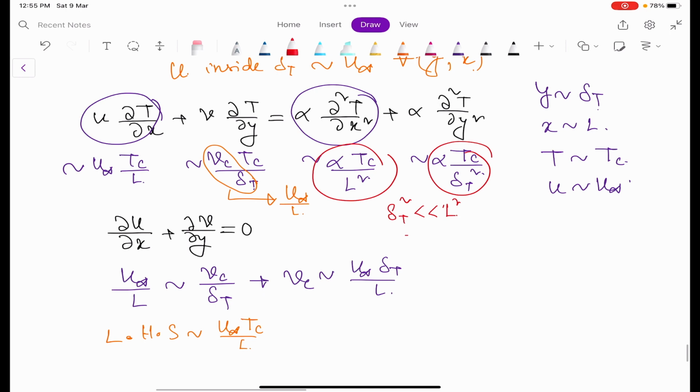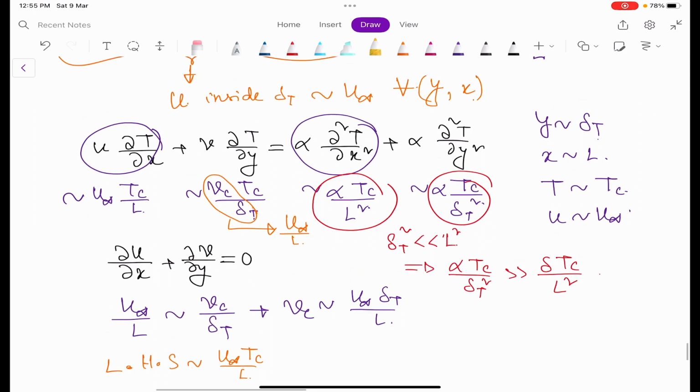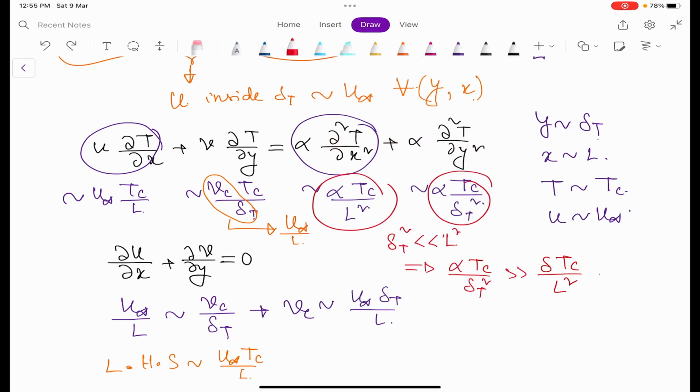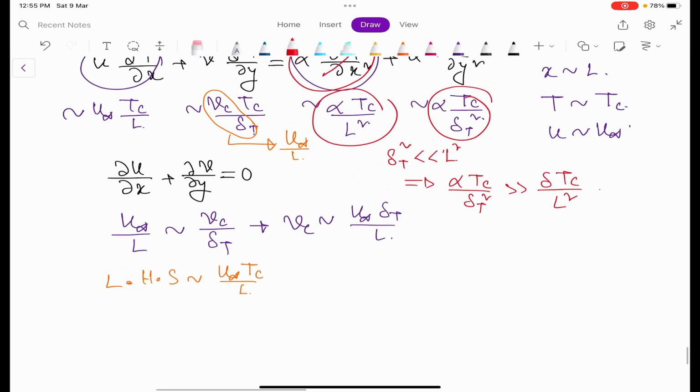That means alpha Tc by delta t square is much greater than alpha Tc by L square. Therefore we can neglect this term.